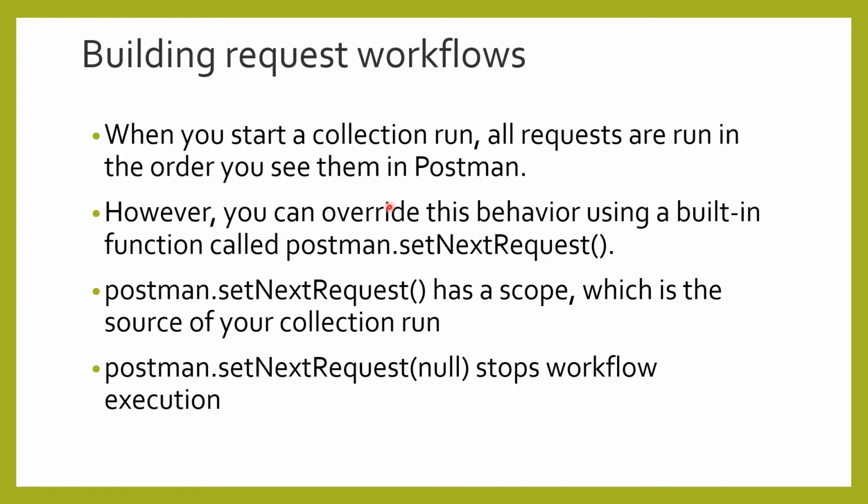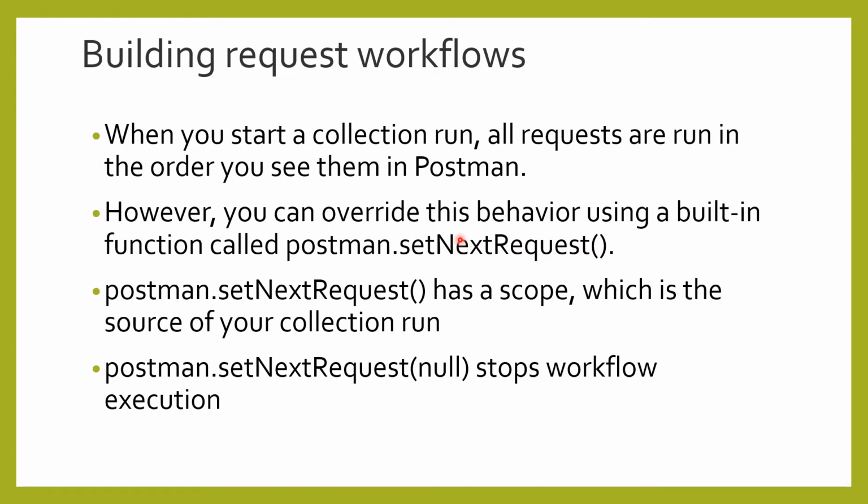We can control the behavior of the collection run using the built-in function called set next request. For set next request, we have to give the request ID or the request name which you want to run next at the end of this particular request. You can add this command in your tests tab, and there you can set the next request which you want to run.